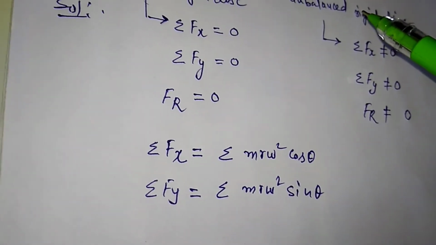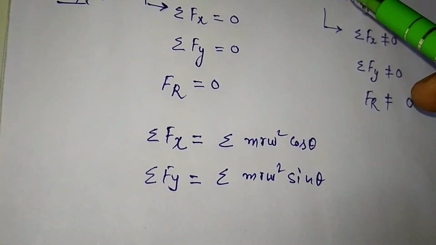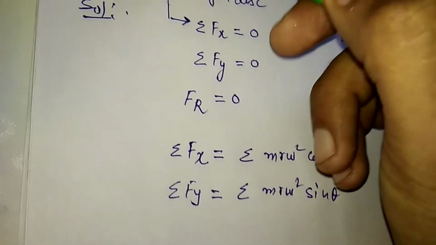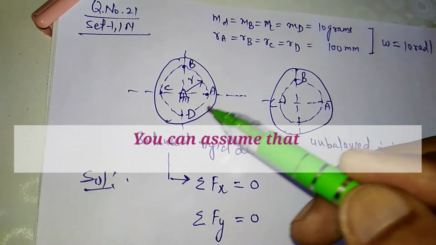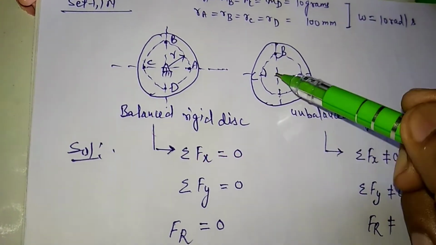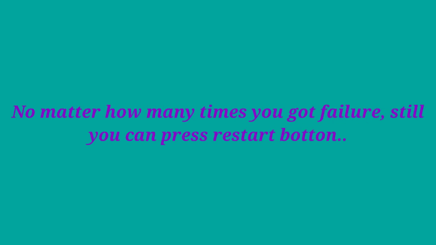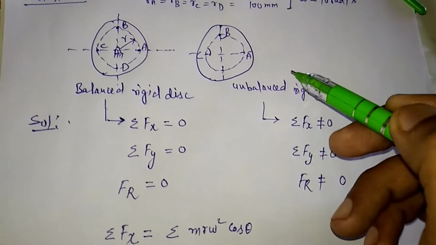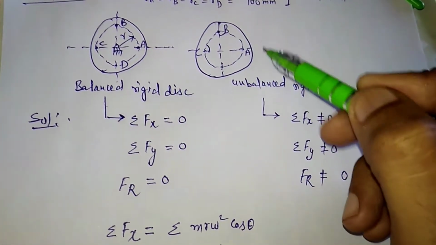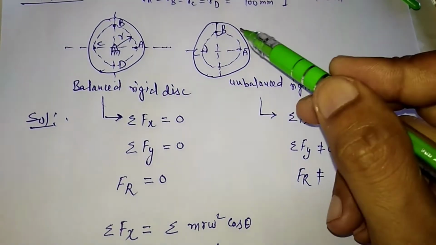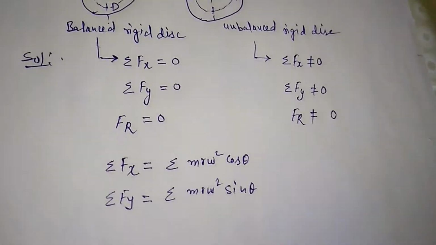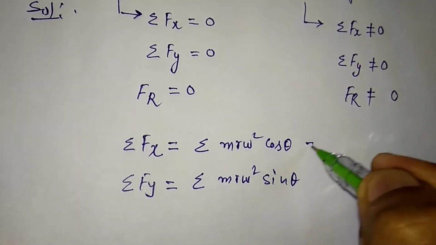As the question mentions that one of the masses gets detached, we are assuming that mass d gets detached. So we have the rest of the masses a, b and c, and these three masses will create the unbalanced force.